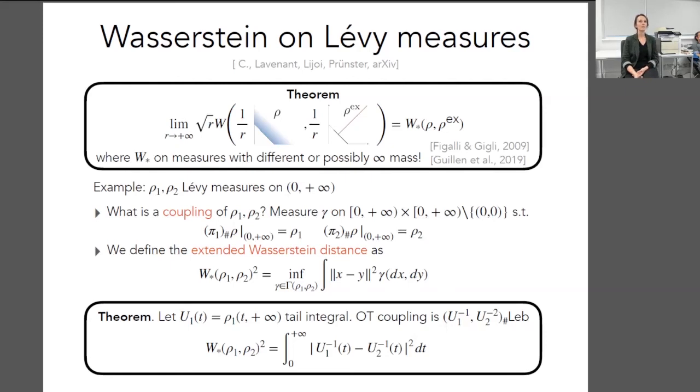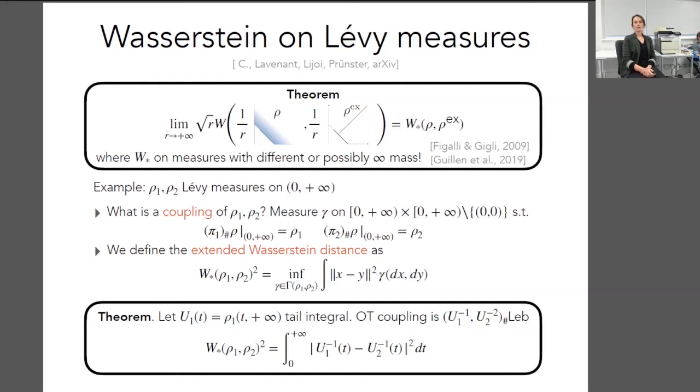So basically, this will now be expressed in terms of the tail integrals of the Lévy measures. And it actually comes in a very intuitive form. That is, the extended Wasserstein distance is actually equivalent to the L2 distance between the generalized inverse of the tail integrals. So in a very similar form to what happens with random variables in R.